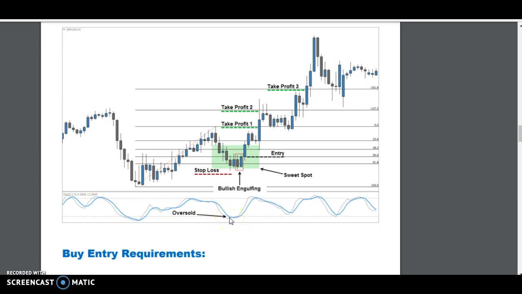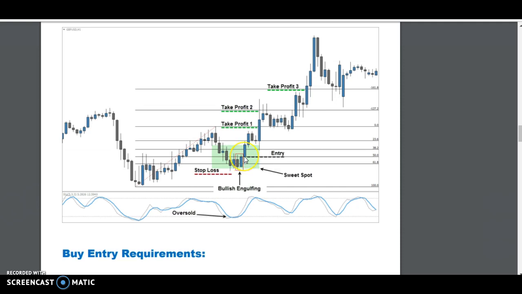And then the third confirmation that we need is a bullish signal, a bullish candle. Looking at the arrow, this candle is our bullish candle as a confirmation, a bullish engulfing candle, and then we are set for an entry.